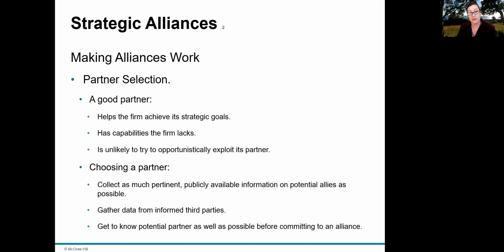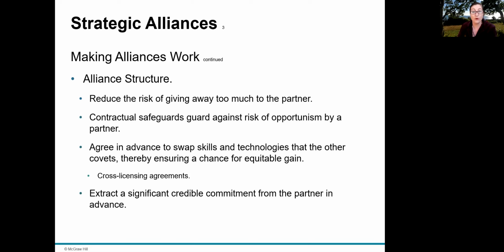So we want to choose a strategic partner by doing our homework, by collecting as much information as we possibly can. And that includes what's publicly available, but also what we can dig up from informed third parties. We want to get to know this potential strategic alliance as well as possible before we commit.